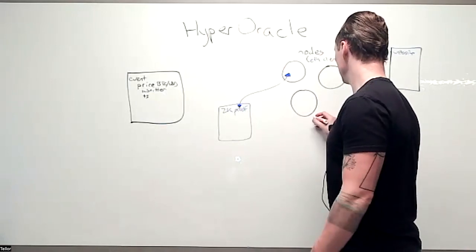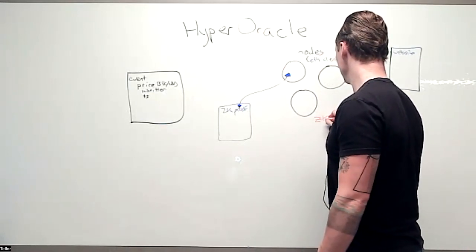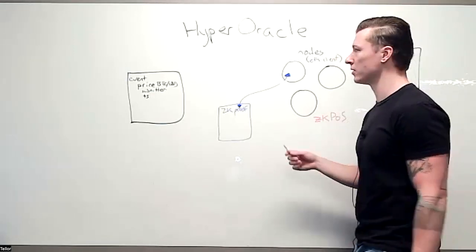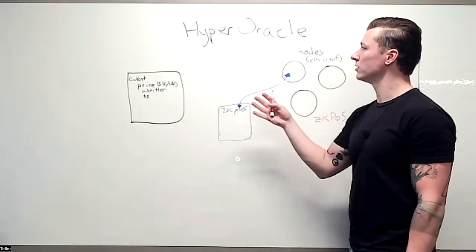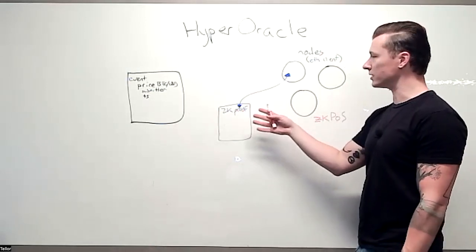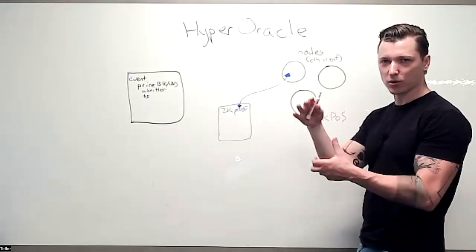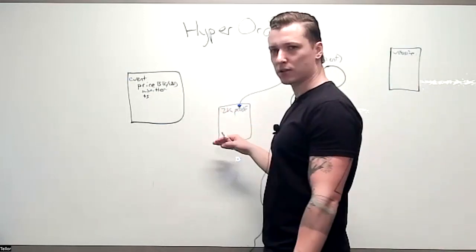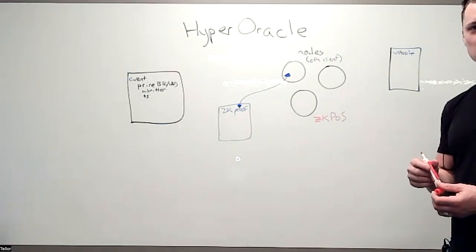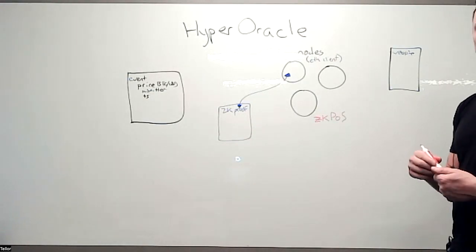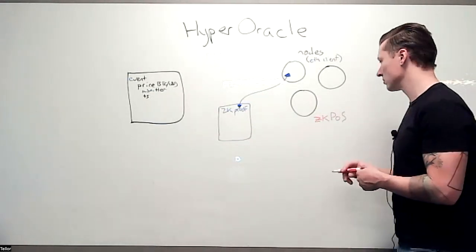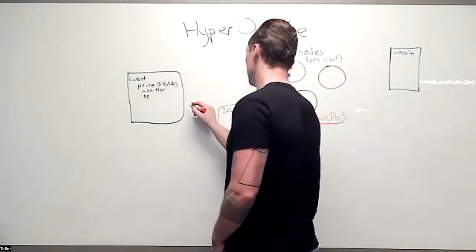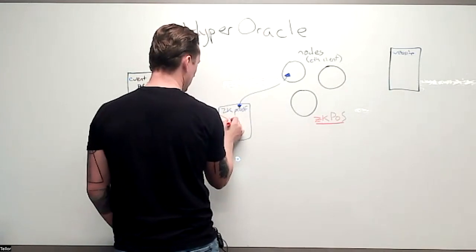ZKPoS is basically proving the Ethereum consensus with ZK. So how does that work? You're grabbing the event, but you're also grabbing basically a whole Ethereum state, and then proving that this event is within it, I guess. Yes, ZKPoS is the step before we do all the computation with the event data.